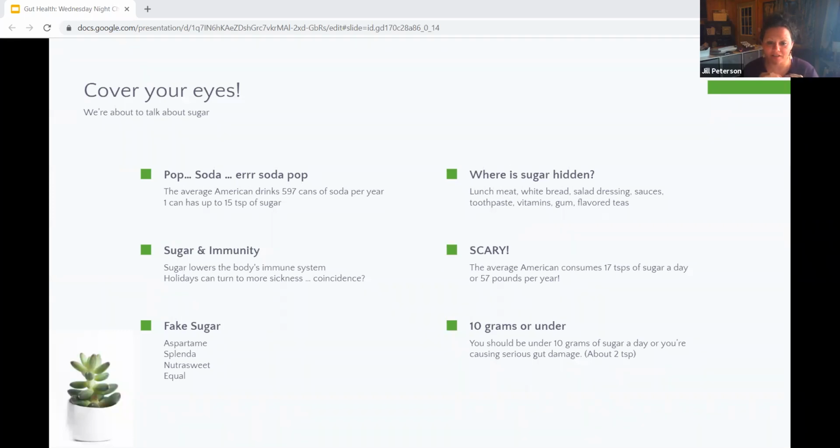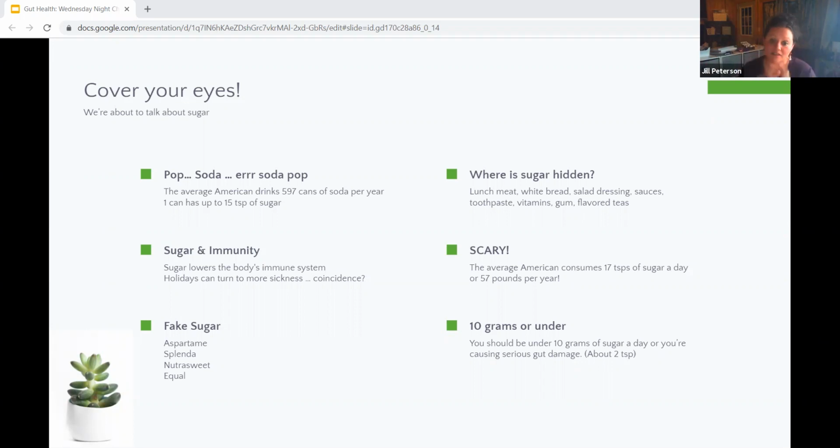The average person consumes about 17 teaspoons of sugar a day, which equates to 57 pounds, not teaspoons, 57 pounds of sugar per year. And the reality of it is that we should be under 10 grams a day. So we are literally at almost twice our capacity, and that's just the average person.